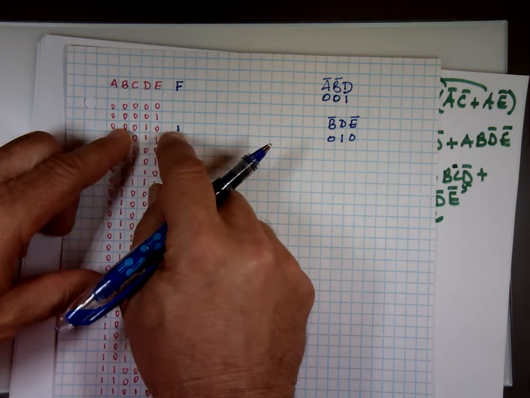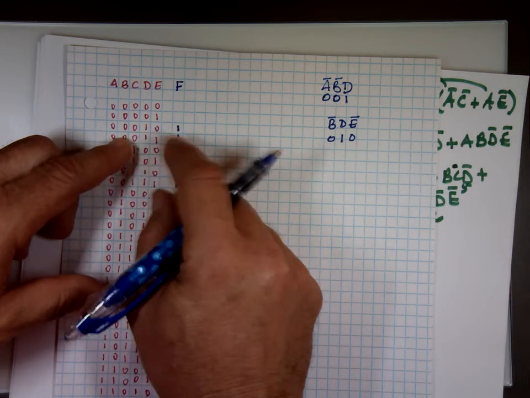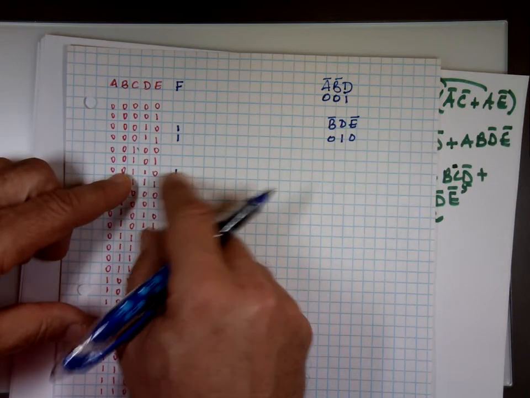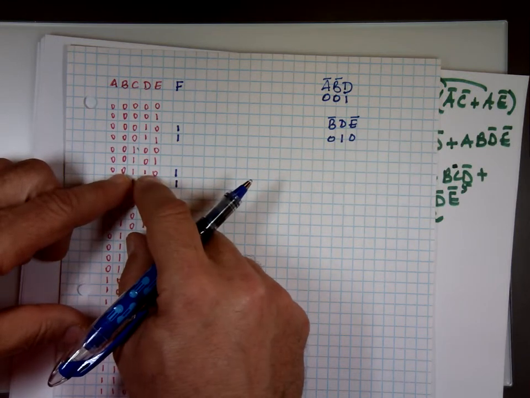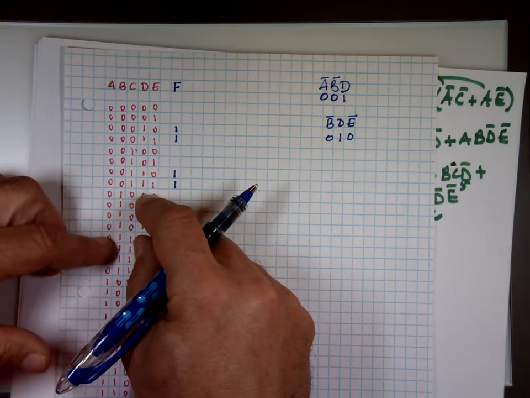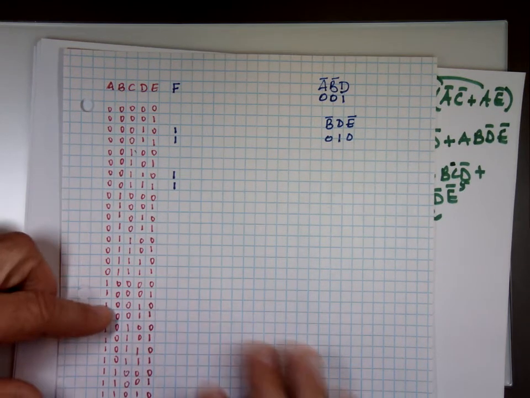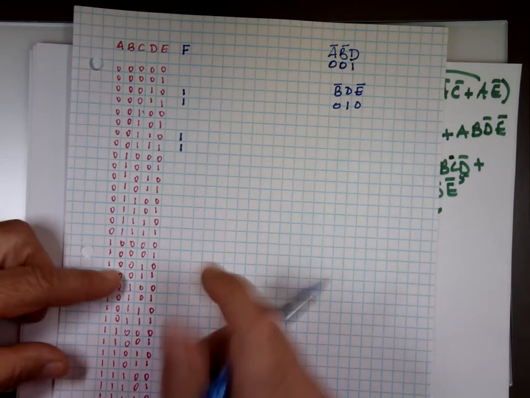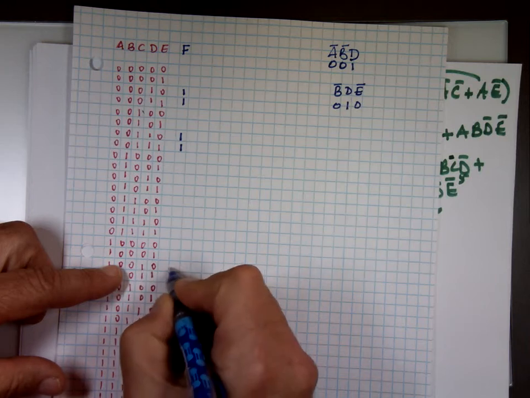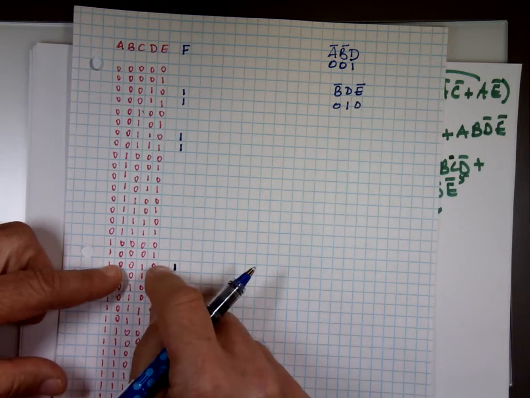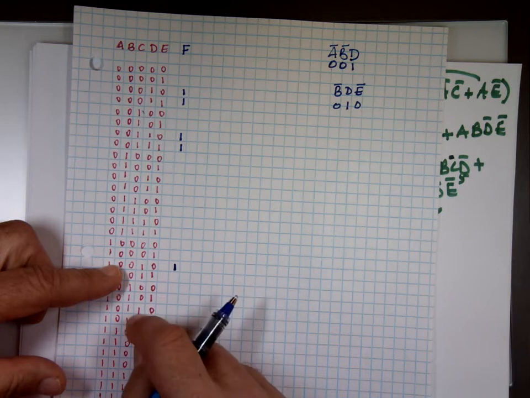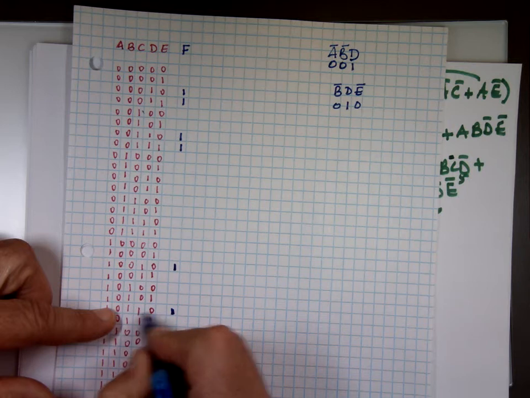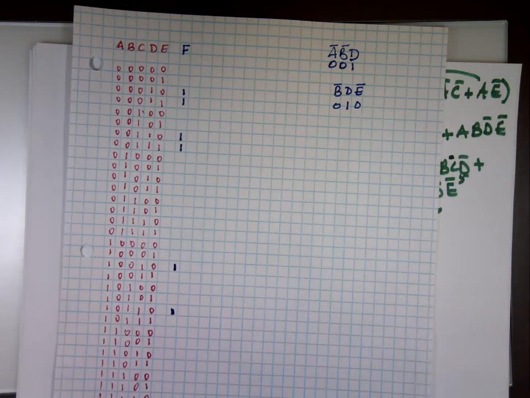I already have a 1. Let's come down here. Should you just ignore the other ones? Yep, I'm just looking at that gate. 0, 1, 0. That's a 1. And 0, 1, 0. That's a 1. We took care of that one.